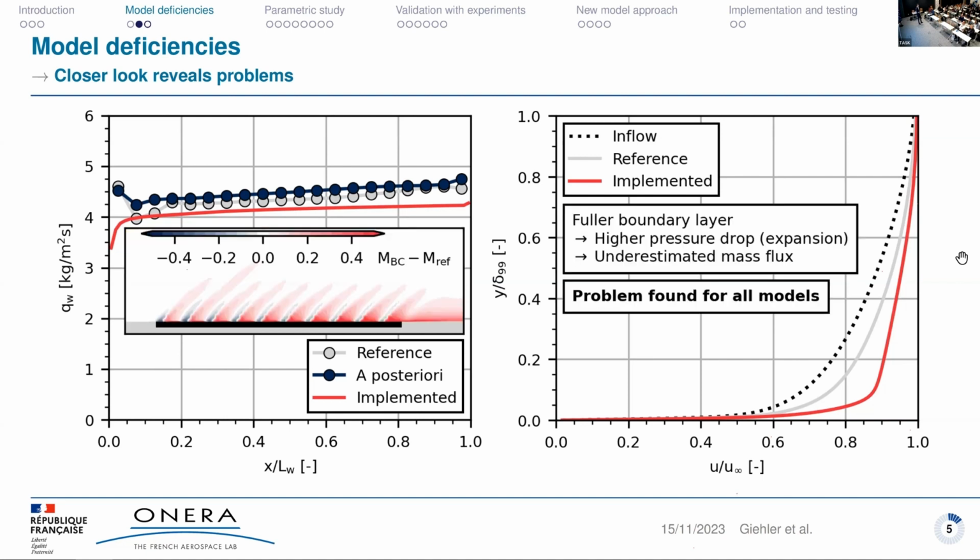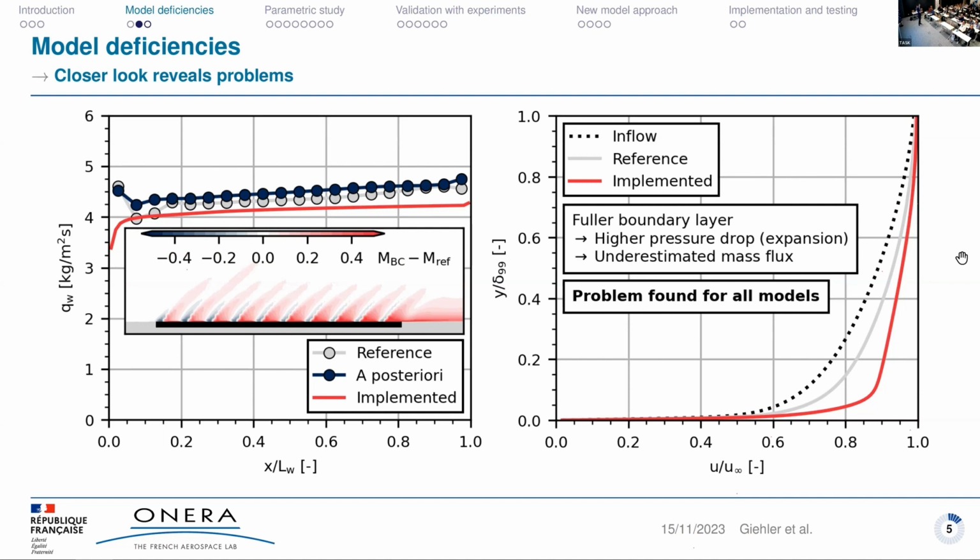And this can also be seen here, where I just took the Mach contour fields and plotted the difference. And what we see is that we have an overestimation of the momentum inside the boundary layer. And as a consequence, we obtain, of course, the fuller profile.